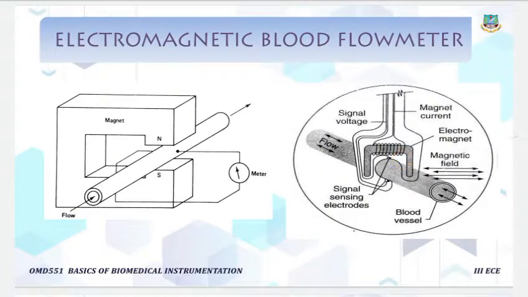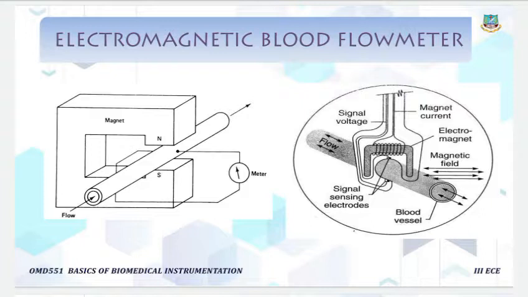Let's have a look at the electromagnetic blood flow meter. This figure shows the electromagnetic blood flow meter. What is it? It measures the instantaneous pulsatile flow of blood.